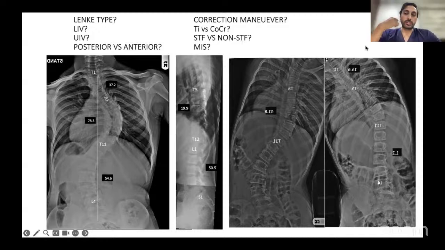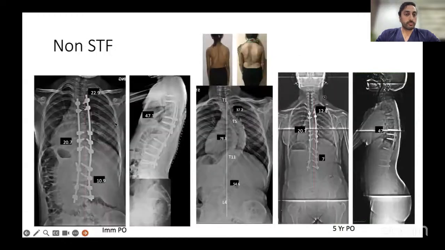And we have discussed STF versus non-STF. I think Abhay sir went for STF, and the rest of the house is in favor of T3 to L4 or L3 kind of fusion. I'll just go to the post-op images. So non-selective thoracic fusion was done from T3 to L3.